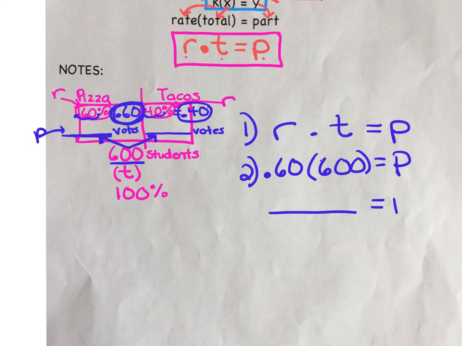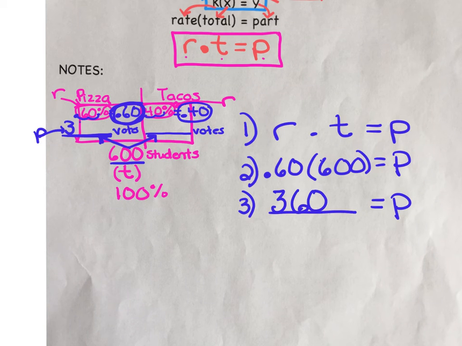Grab your calculator and punch in 0.60 times 600. When you're ready, write it down. You should have gotten 360 students or votes for pizza.